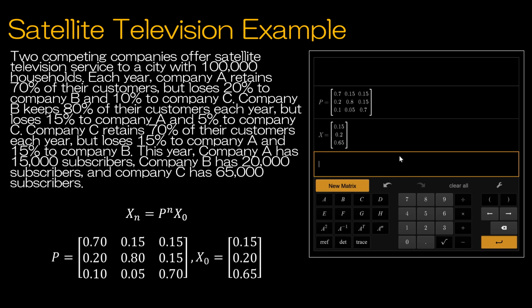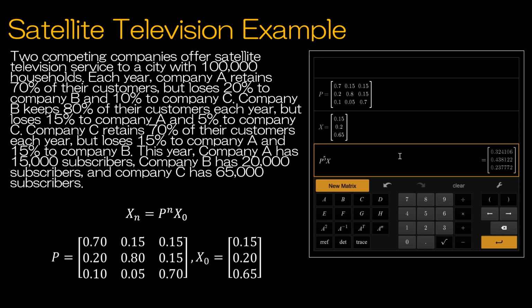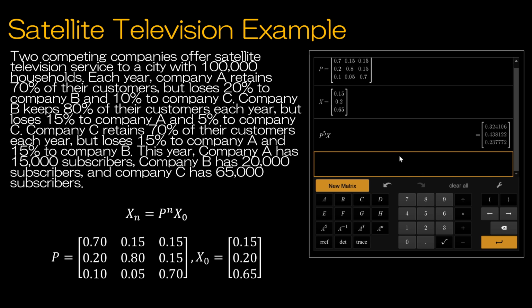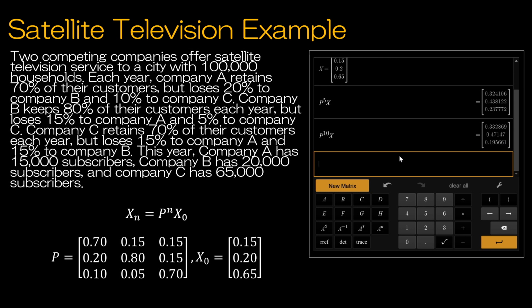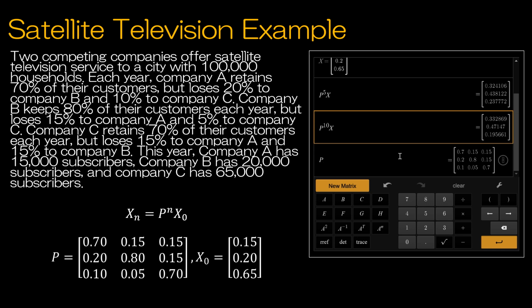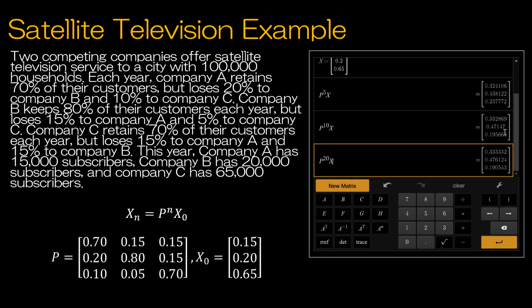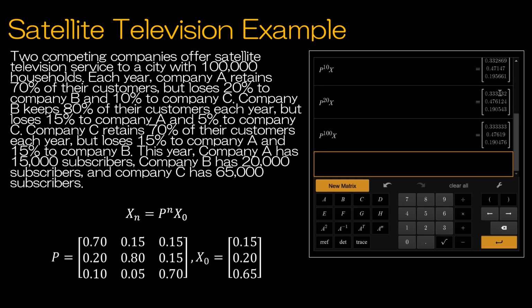So if we want to find out after 5 years, we would take P to the 5th times X. If we wanted to find out after 10 years, we would take P to the 10th times X. And if we wanted to find out for 20 years, P to the 20th times X. And I can see what's happening is my values are not changing quite as much, right? So what if I did P to the 100th times X? I'm starting to feel like there's very little wiggle room.